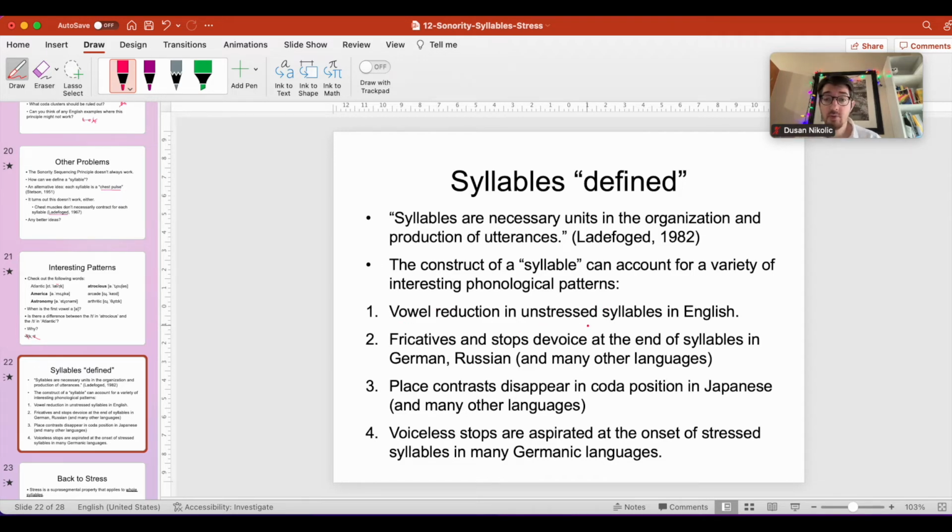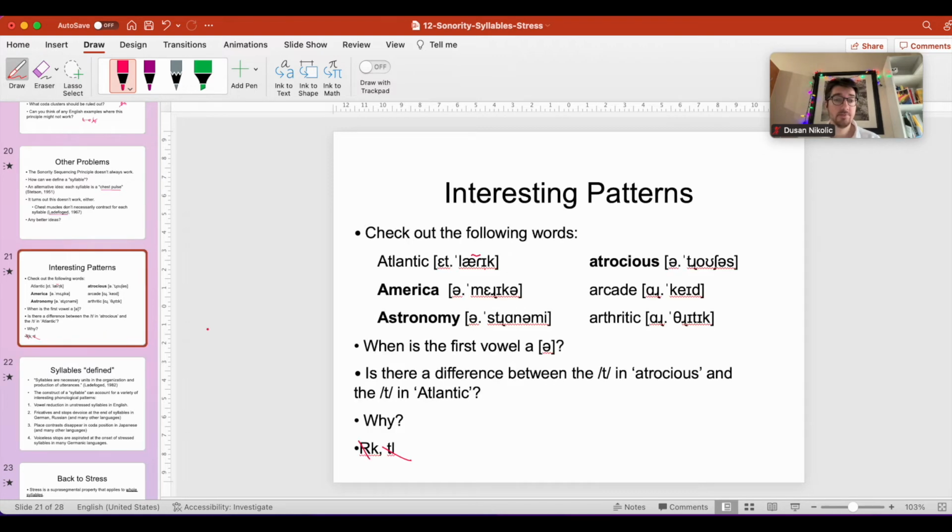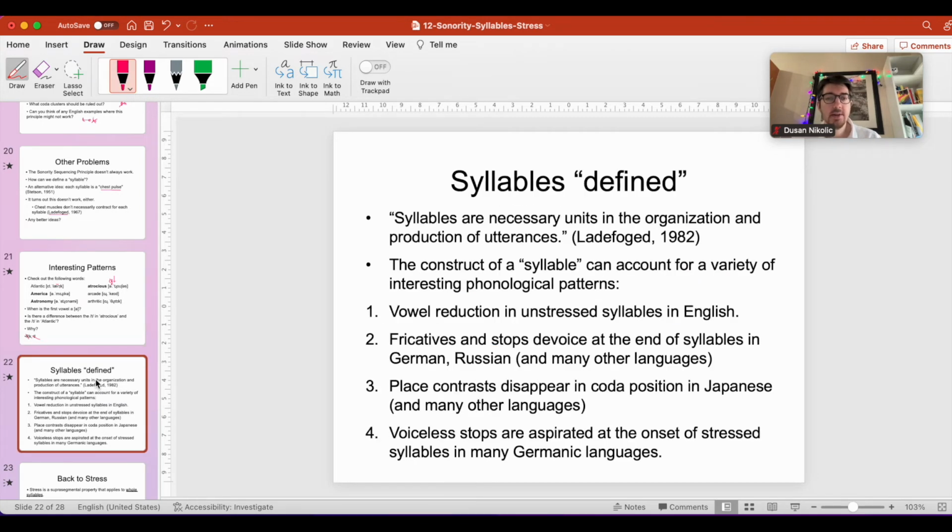For example, vowel reduction in unstressed syllables in English. Here, we don't have full vowels. We don't say atrocious with a full vowel, we say atrocious, right? Because there is what we call vowel reduction: the vowel reduces to a neutral form before a stressed syllable. And that happens all the time, like contrast, which we will see later.